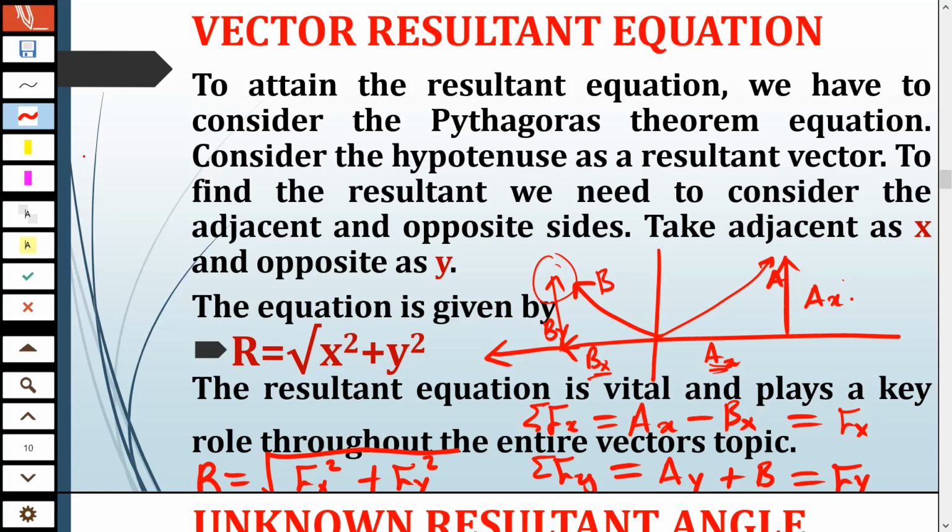The direction is simply given by theta equals the tan inverse of the force in the Y over the force in the X. So this is how you find the direction of the resultant vector.